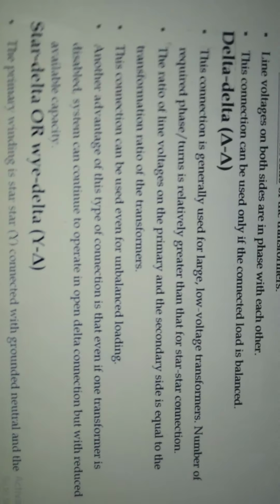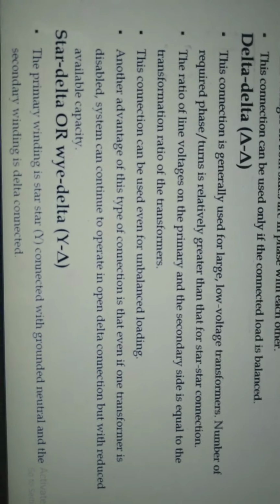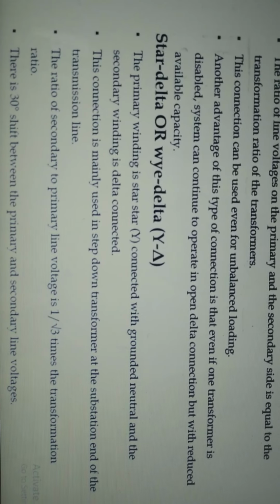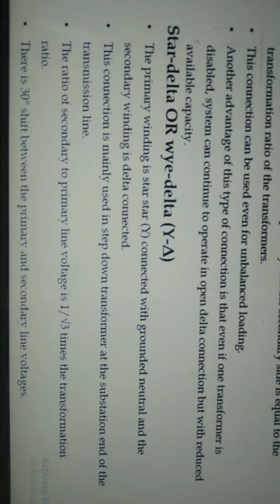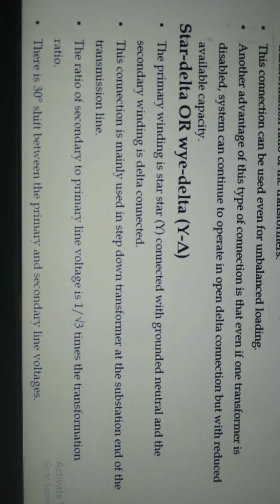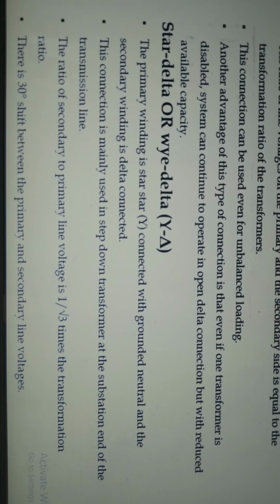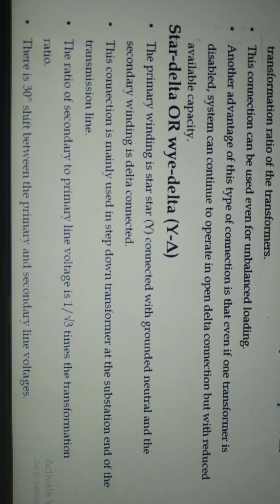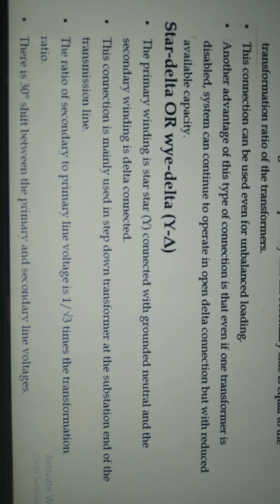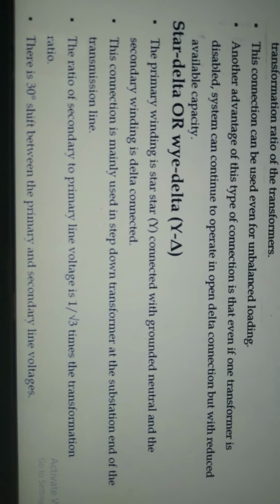We'll see the star delta or Y delta. The primary winding is connected in star manner and it has the neutral wire. The neutral wire is connected to the ground, and the secondary winding is delta connected.